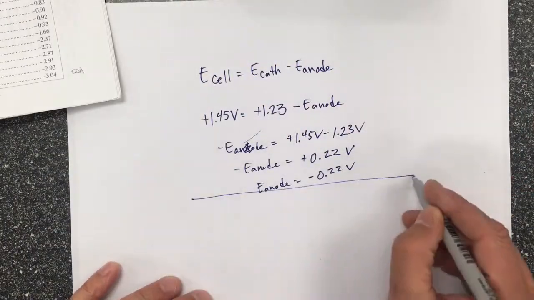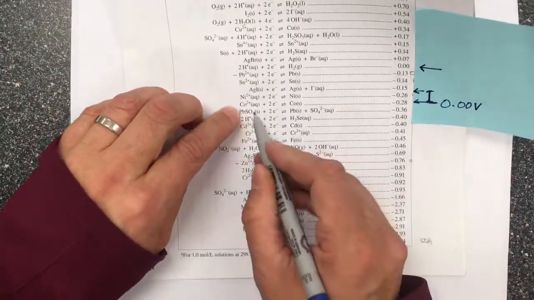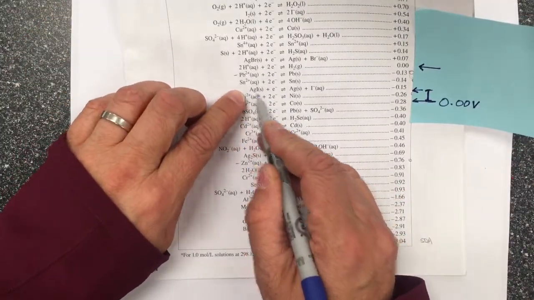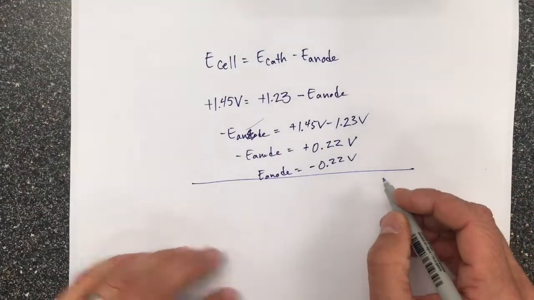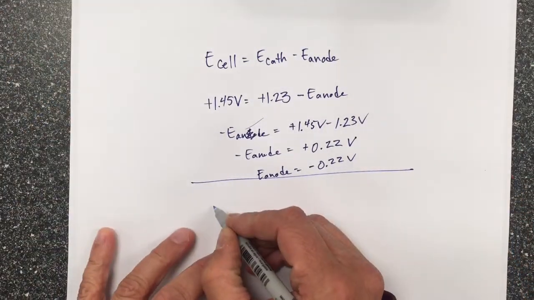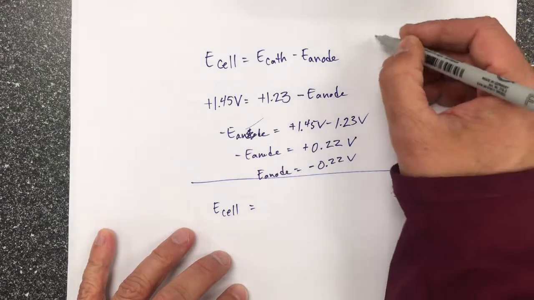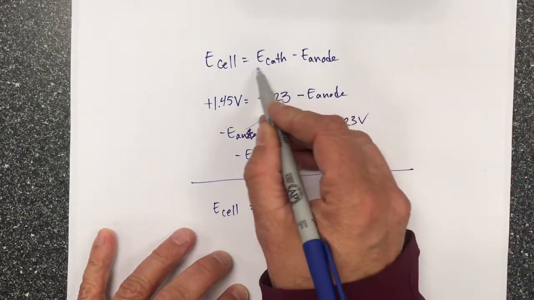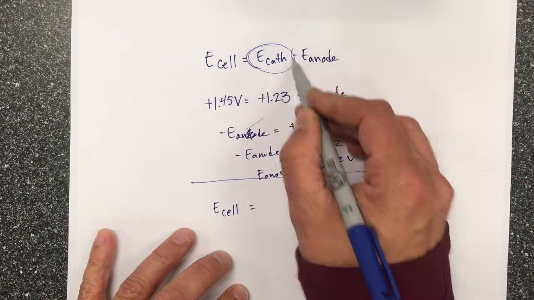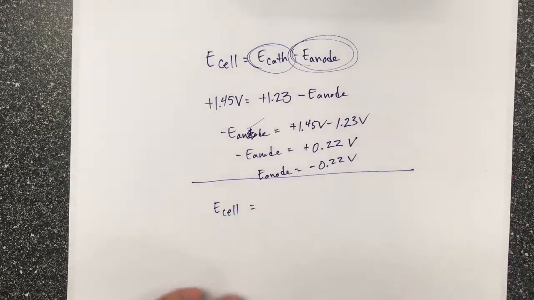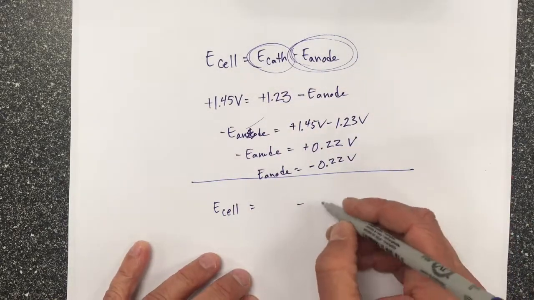So to calculate what the new half reaction is, I just take the other half reaction, and that's now my cathode. I want to calculate the E cell, using the half reaction that was my cathode and using the cobalt-2 as my anode. So minus.